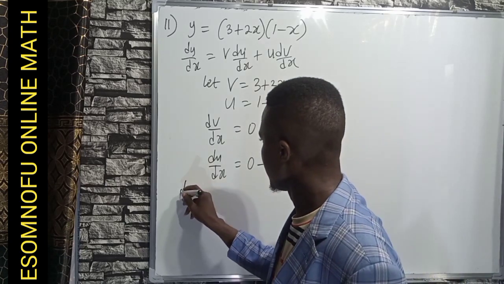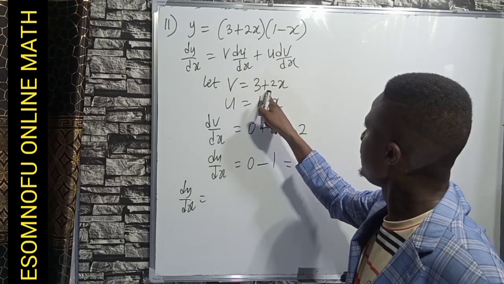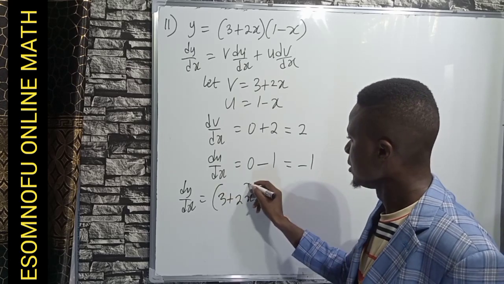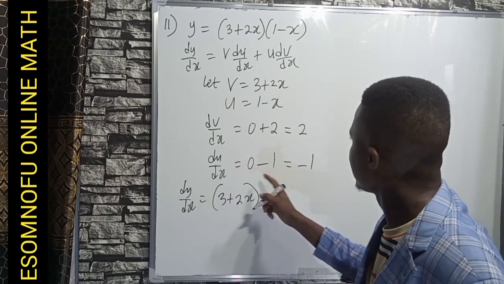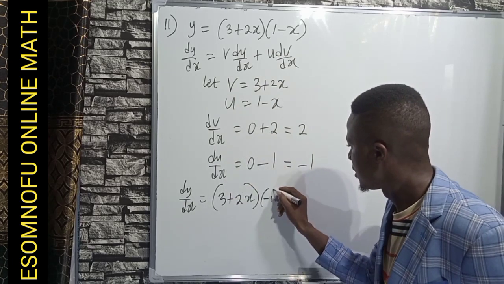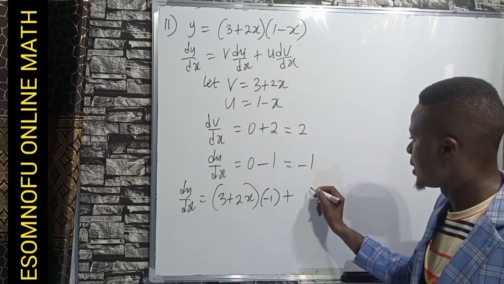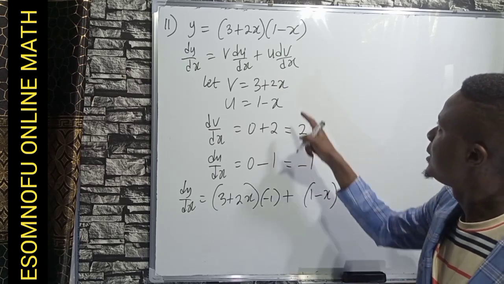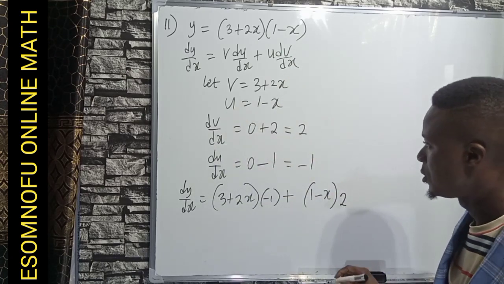Hence, dy/dx will now be v. Our v is 3 plus 2x multiplying du/dx, which is negative 1, plus u again. u is 1 minus x multiplying dv/dx. dv/dx gave us 2.